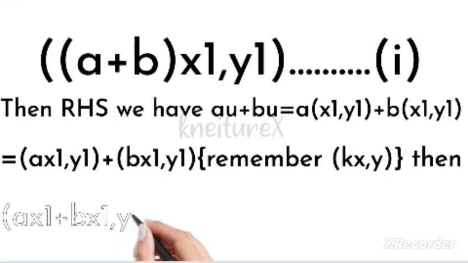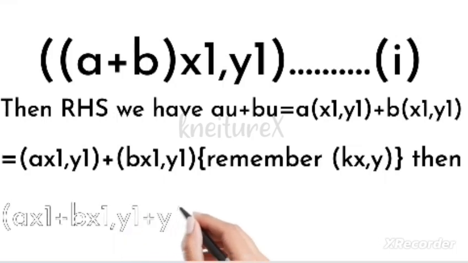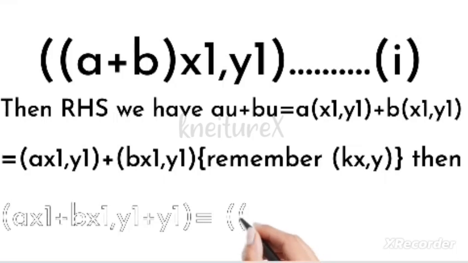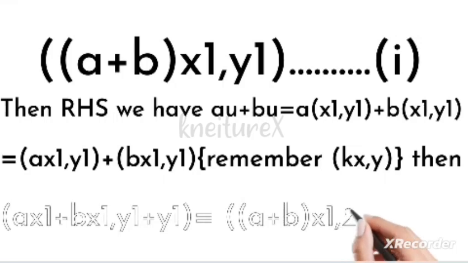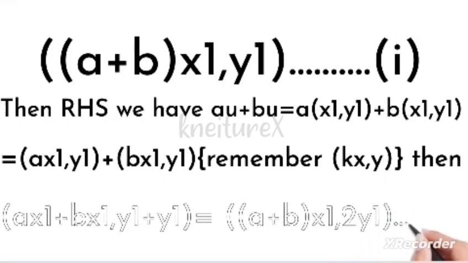When we add both sides, we will have (ax1 plus bx1, y1 plus y1). So we realize that we have (a plus b)x1, 2y1, which is our equation 2. Now, of course, something is strange.